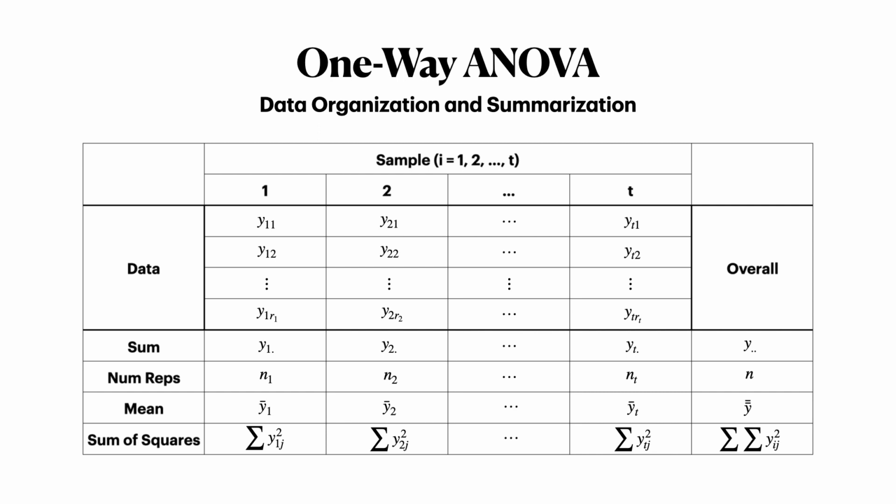We have a row for the sum, a row for the number of reps or the sample sizes for each of the samples. We have a row for the sample means or treatment means. And finally, we have a row for the sums of squares. And then over on the far right, in those summary rows, we have corresponding summary statistics for the overall sample.